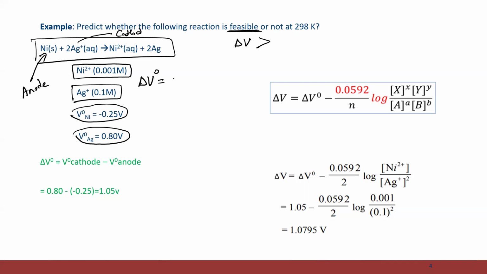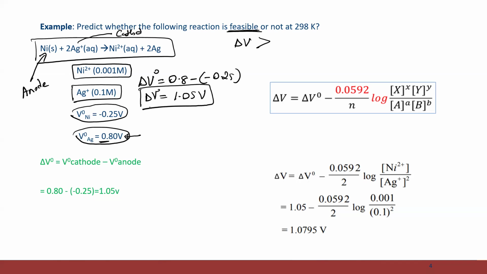This is always cathode minus the anode, top minus the bottom. The cathode is Ag, which is the higher number. So 0.8 minus 0.25. When we subtract these two, we get 1.05 volts delta V naught.